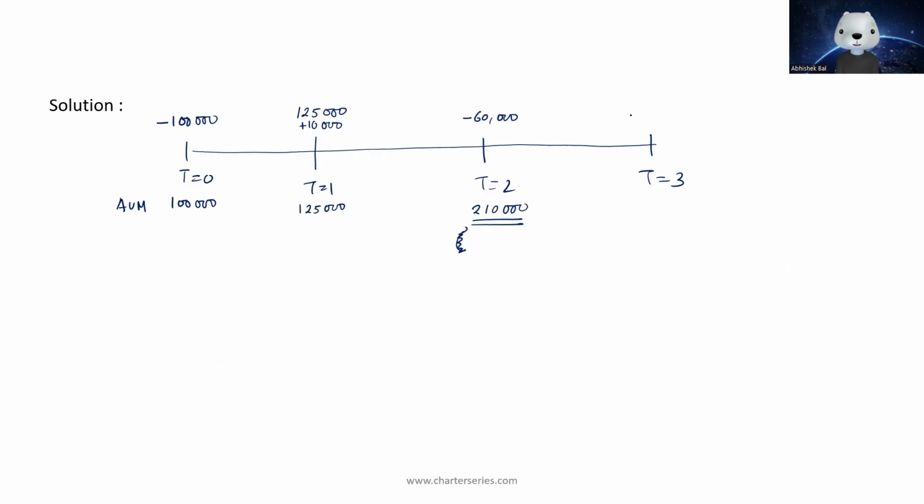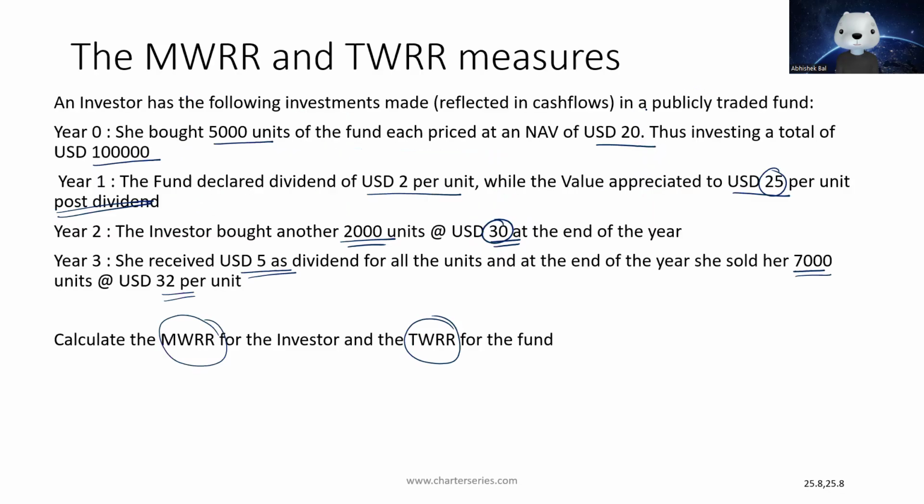And at the end of the year 3, there is a complete redemption that's happening because he sells the entire unit and receives 224,000 US dollar as part of the capital gains and $35,000 as part of the dividend. Okay, sorry. He sells the total number of all 7,000 units at $32.